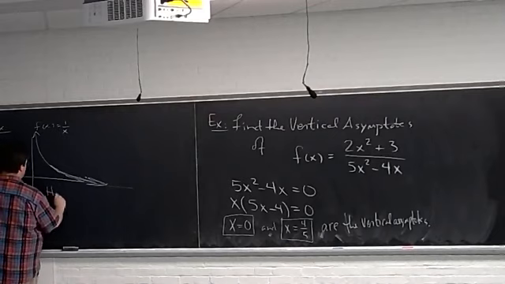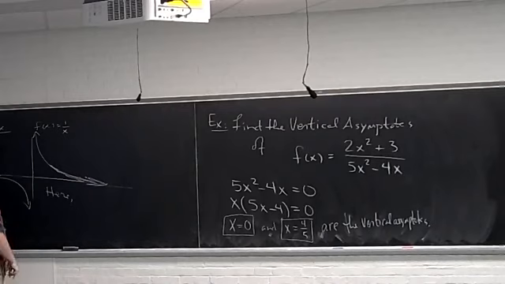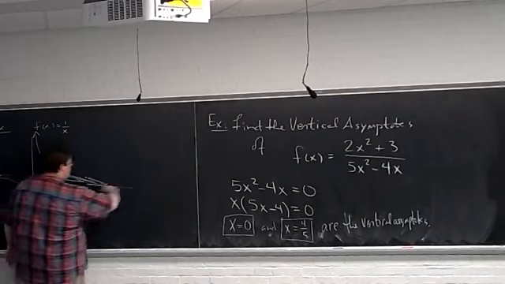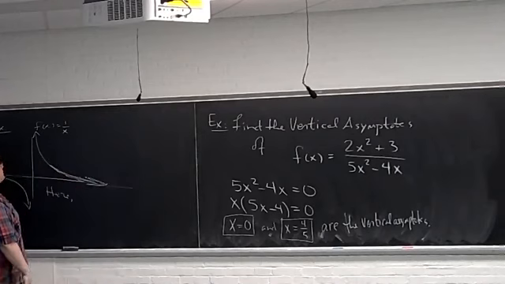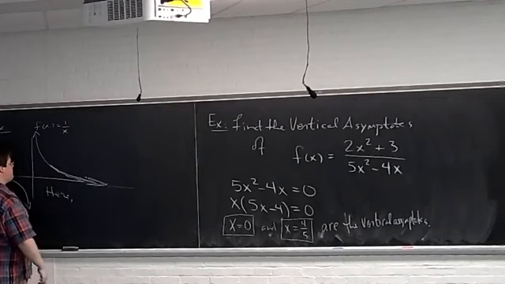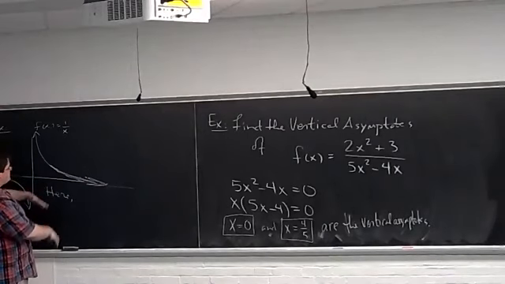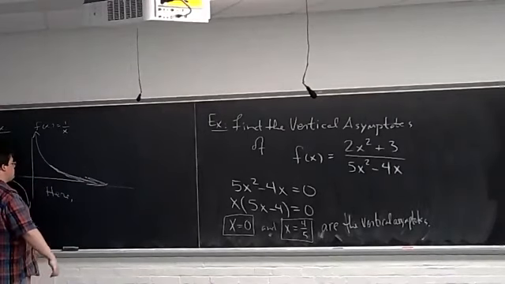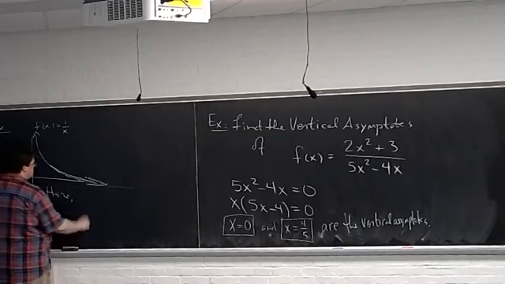As x keeps going in the positive direction, this curve keeps going down but stays positive. It will approach height 0.